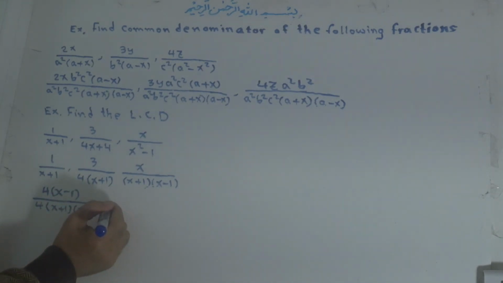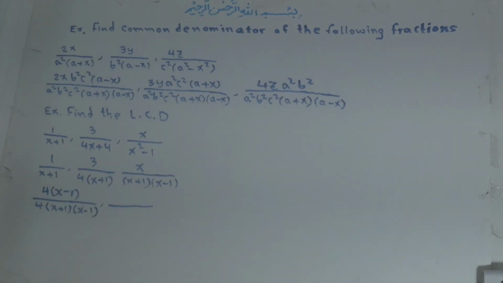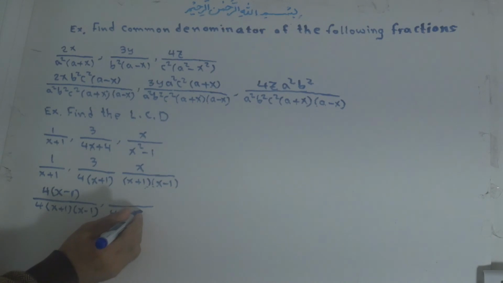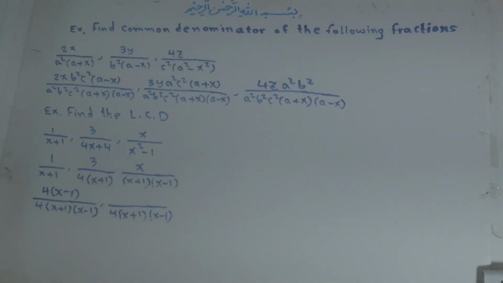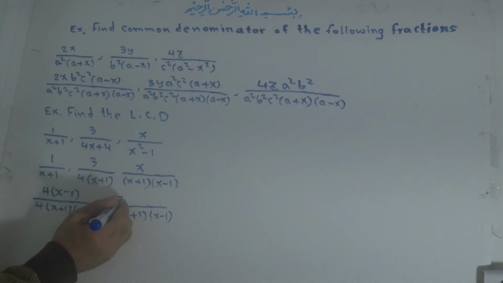For the second fraction, same common denominator, 4 times x plus 1 times x minus 1. Now this one divided: 4 cancels with 4, and x plus 1 cancels with x plus 1. The only thing remaining is 3 times x minus 1.